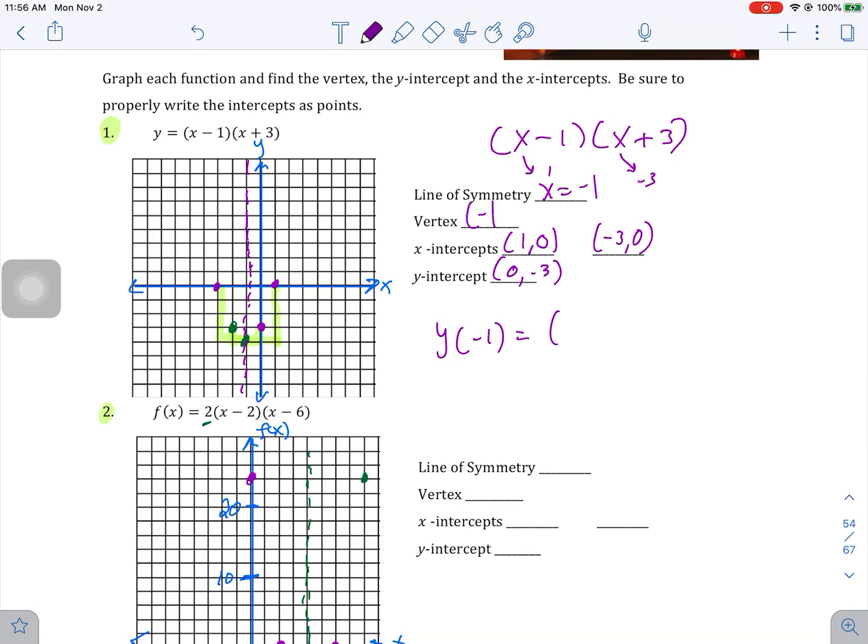So that would be (-1 - 1)(-1 + 3). I'm just substituting negative 1 into each expression. So that's negative 2 times 2, so that's negative 4. So the vertex is at (-1, -4).